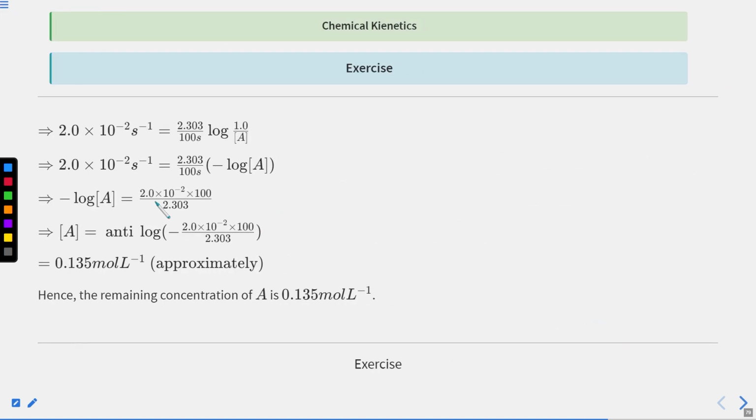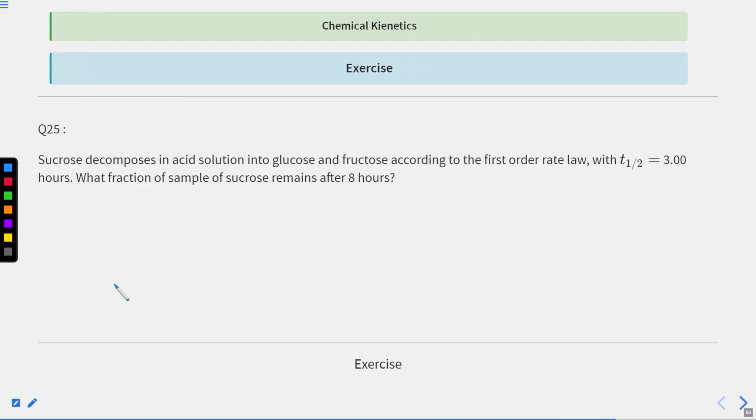So we have done the same thing. We have used the formula, just solved it to get our value of concentration at time T. After that, the question says sucrose decomposes in acidic solution into glucose and fructose. According to the first order rate law, T half is equal to 3.00.